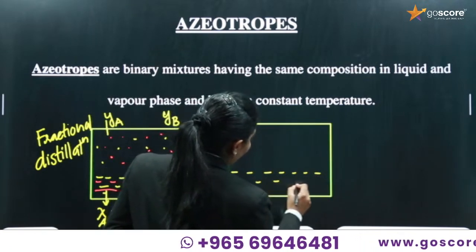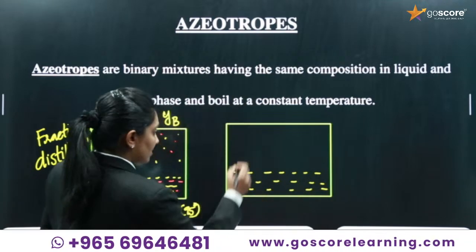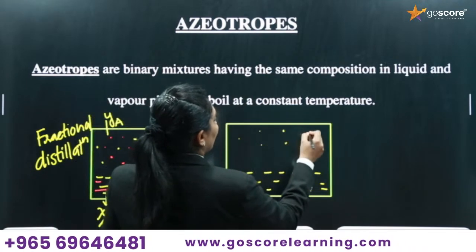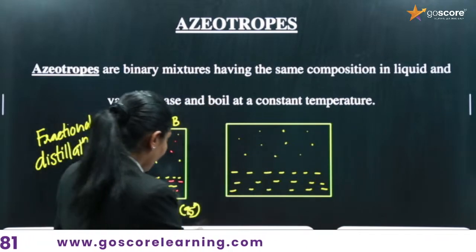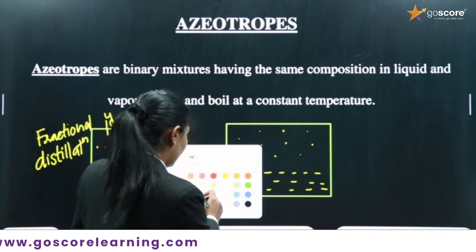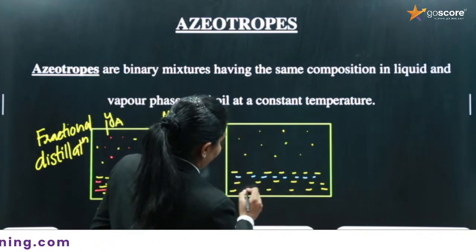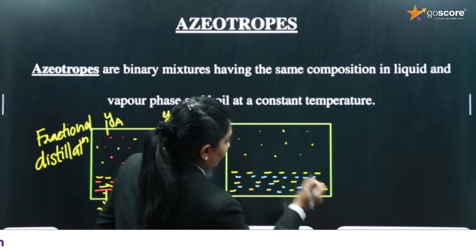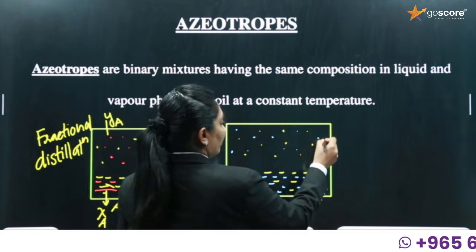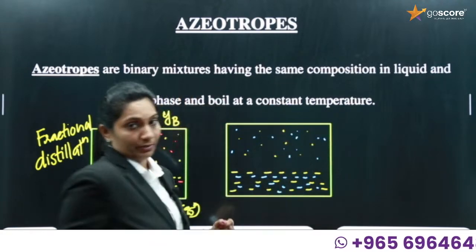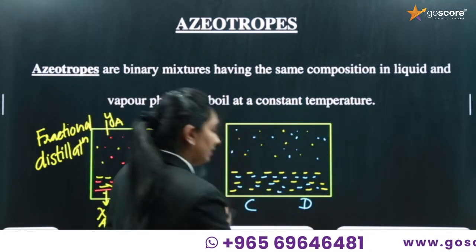Let me take the volatile substances as C and D. This is the vapors of component C, and this is the D component. Since both are volatile components, definitely there will be vapors. So this is the component C and D.